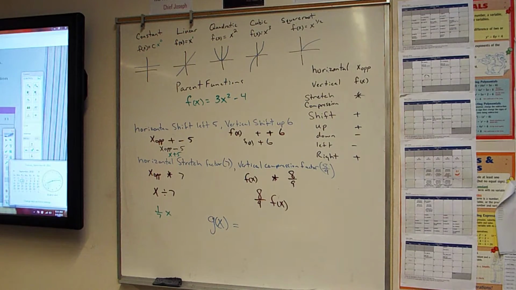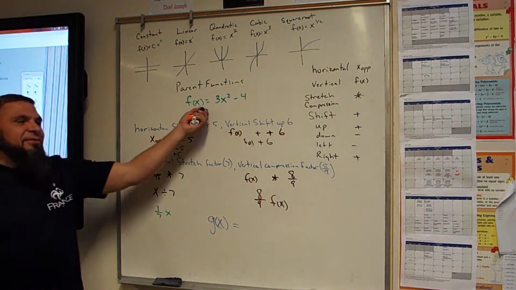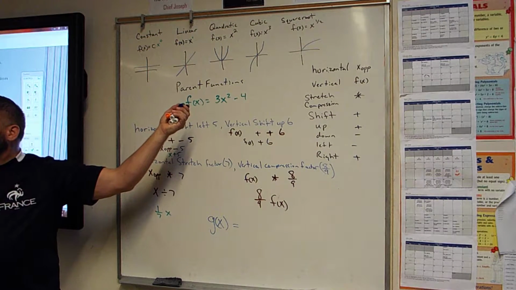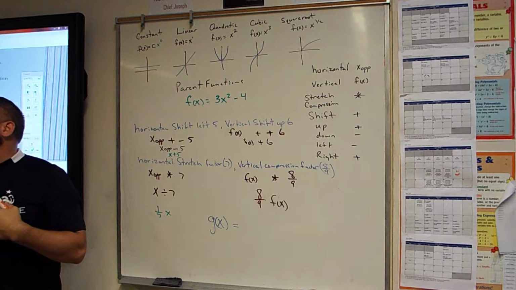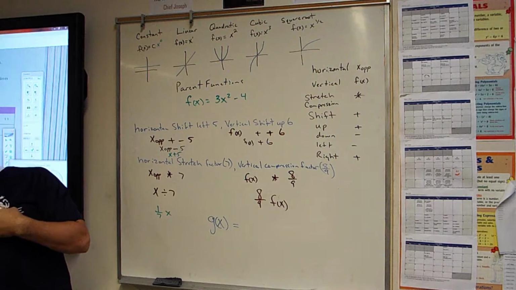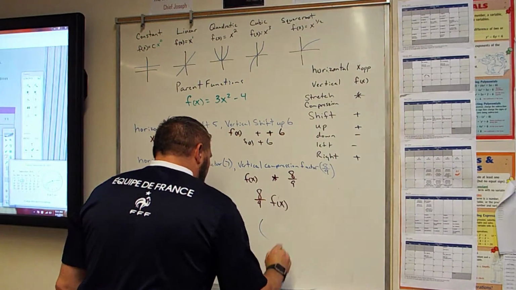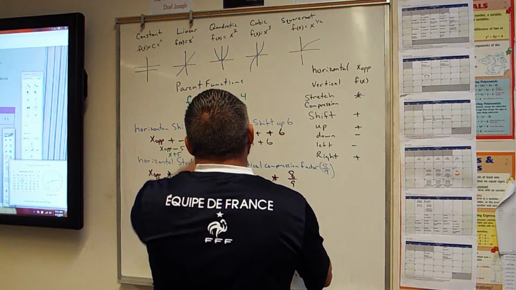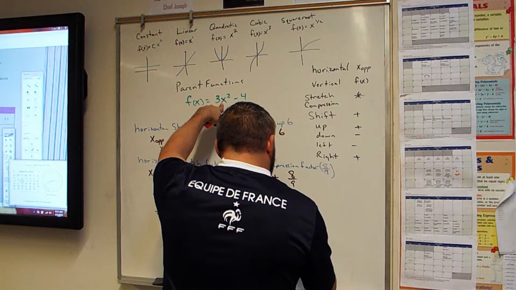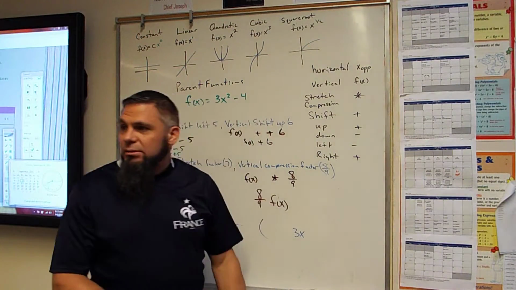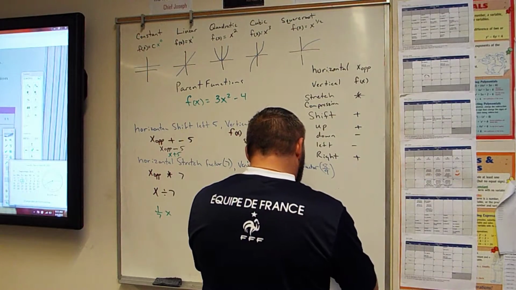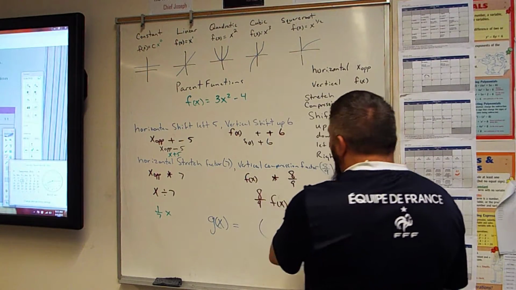So, we're going to create a g of x out of this f of x. What I like to do is always write space, parentheses, space, whatever this x is. In this case, it's 3x. Space, parentheses. Put the parent function here.